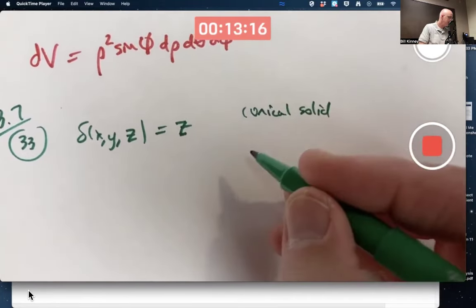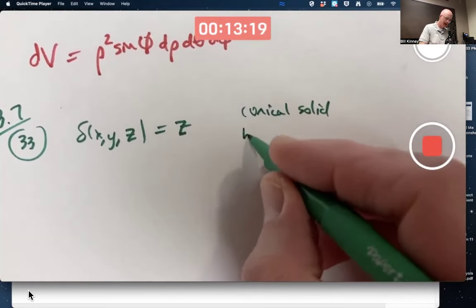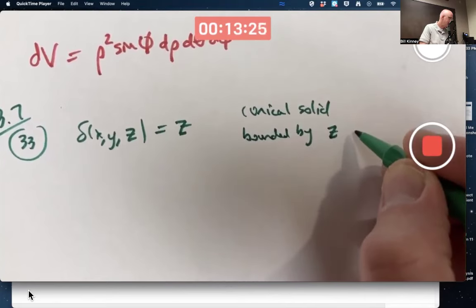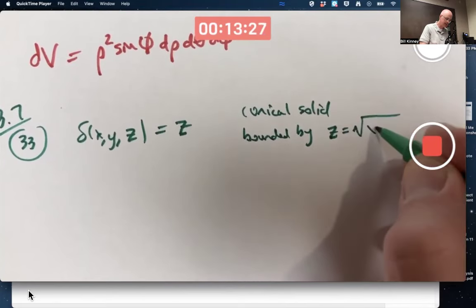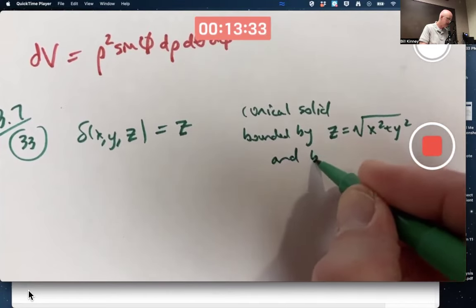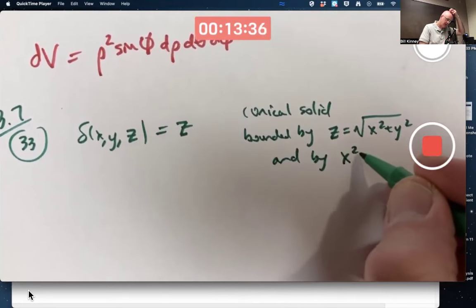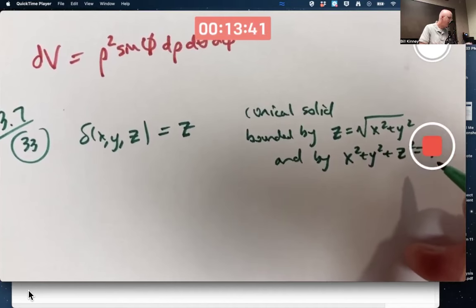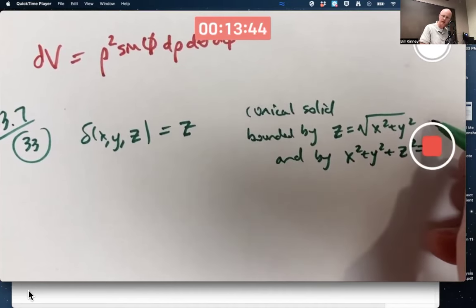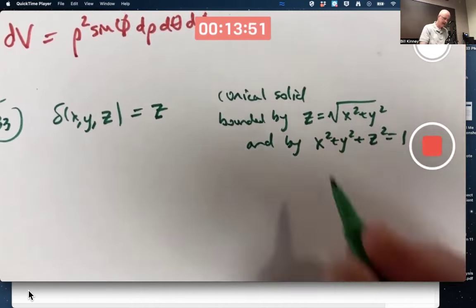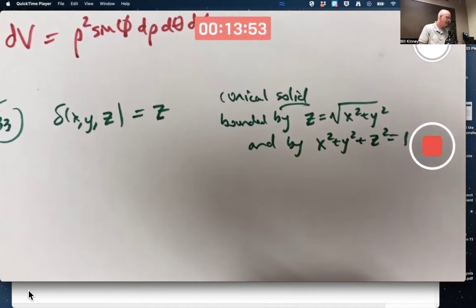It's filled in, bounded above by z equals the square root of x squared plus y squared, and below by x squared plus y squared plus z squared equals 1. I think they made a typo there. I think this one should be below and this one should be above. That's our solid.